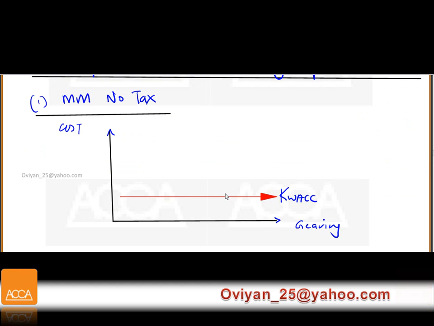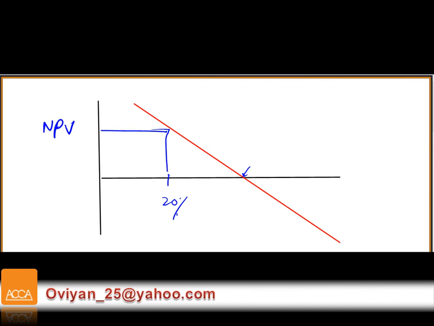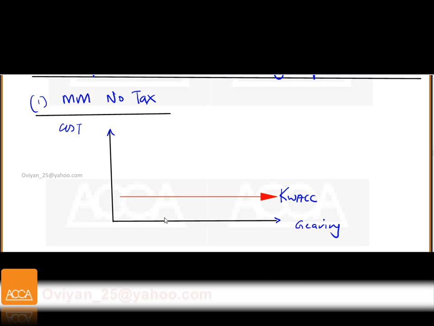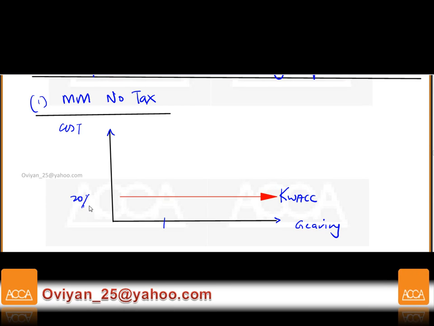Now when you borrow at this level and you got a cost of capital of 20%, and you try to change your capital structure by borrowing more or less, it's still going to be 20%.